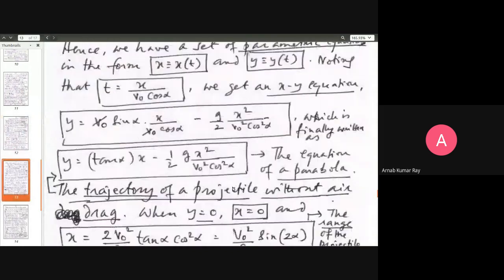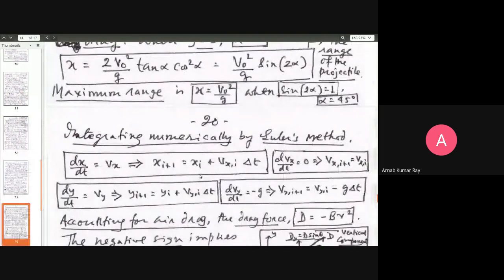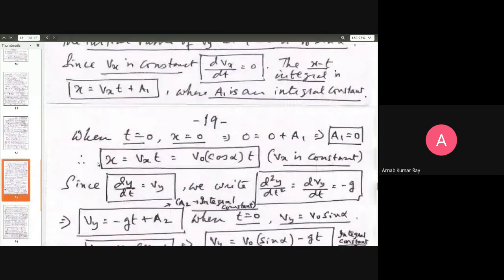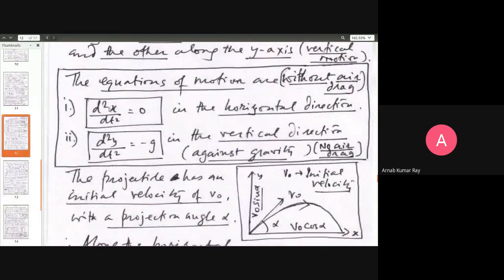Let us see. Here it is. You have got four equations to worry about now. Remember, follow carefully. This is fundamentally a second order system now. This is for the first time. So far, what you have worked on is dx/dt equal to f(x), dv/dt equal to f(v), all these things, particle falling through a liquid column and all those things.